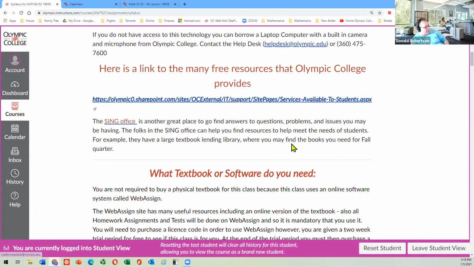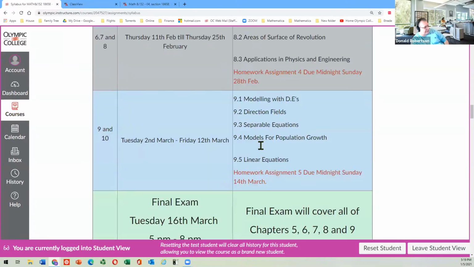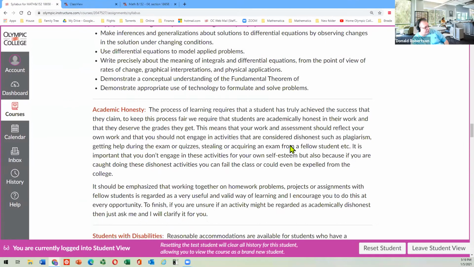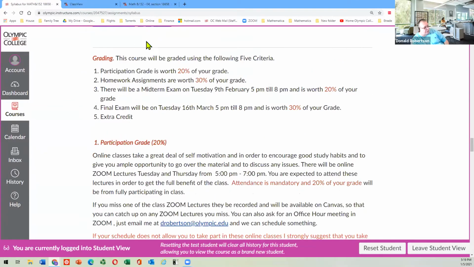Probably the only part I'm going to talk about from this, as you can read it yourself, is how your grade is calculated. The first thing is 20% of your grade is for turning up in class, participation, right? Being here and taking part. So try not to miss any classes. 30% is going to be from your homework, which is done in WebAssign.